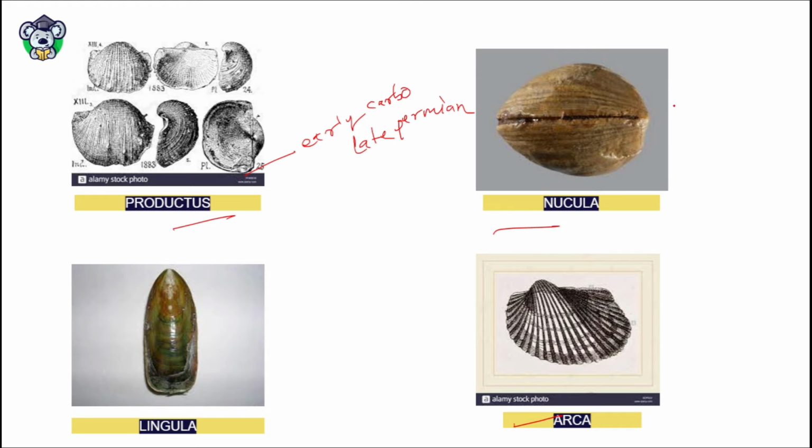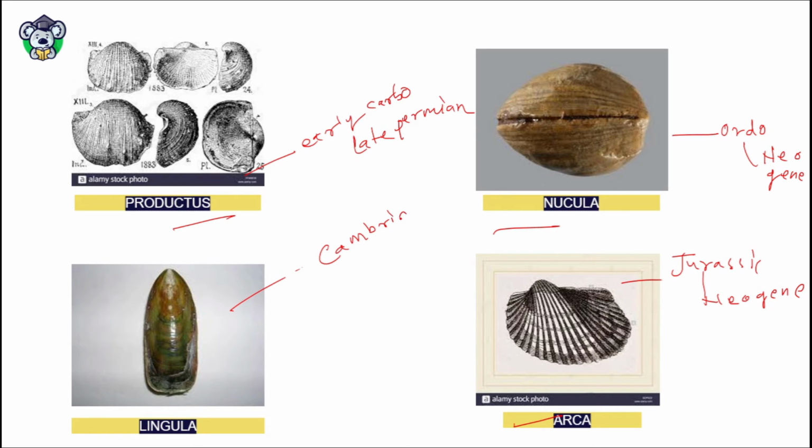Nucula's time period is Ordovician to Neogene. Arca's time period is Jurassic to Neogene. And as Lingula is a living fossil, it appeared during the Cambrian period.